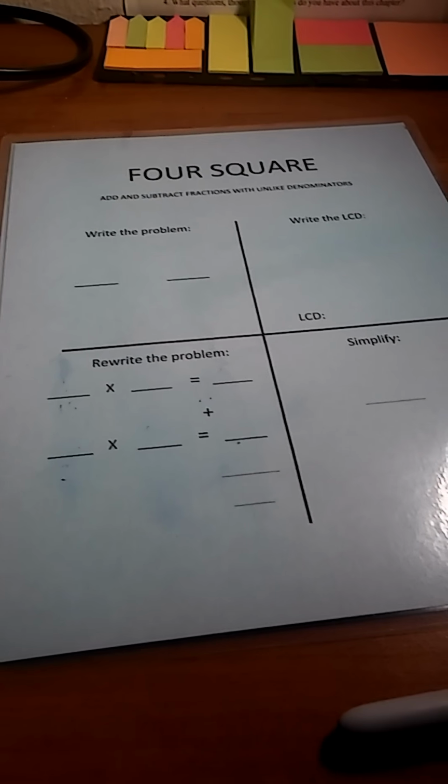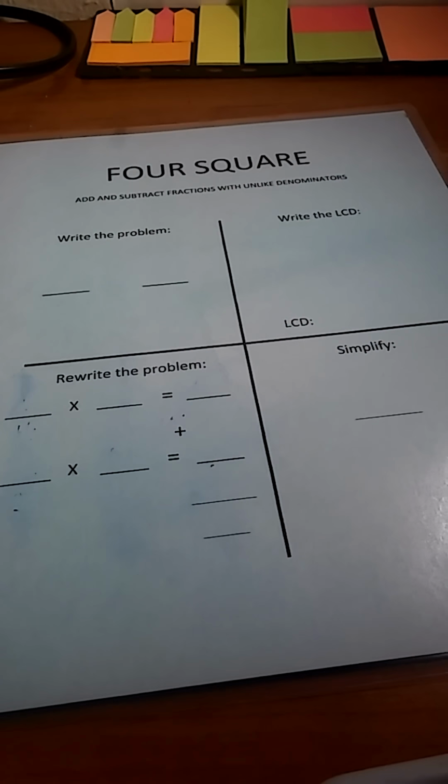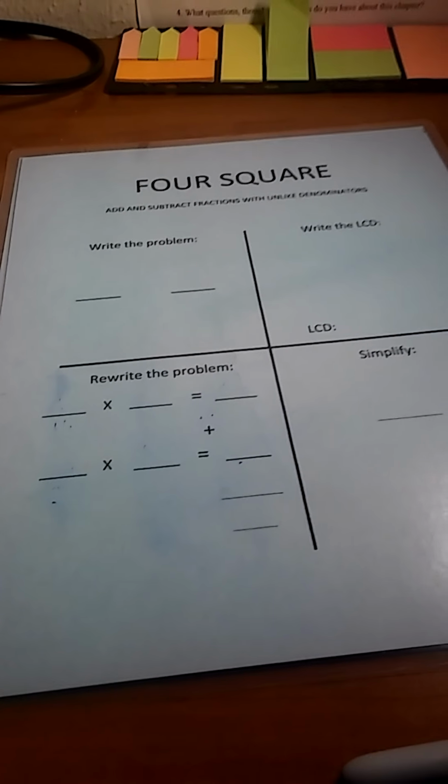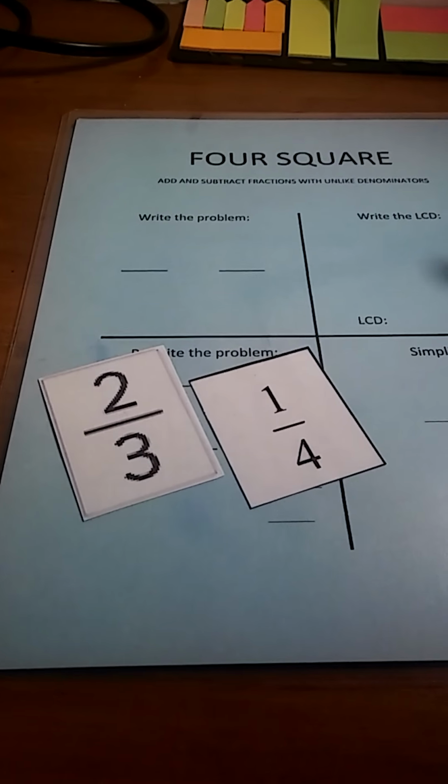So the first thing we'll do is we will grab some fractions to add, and let's pretend that there is a total of 4 players. So when we choose 2, we're all going to do the same 2 to see who finishes first.